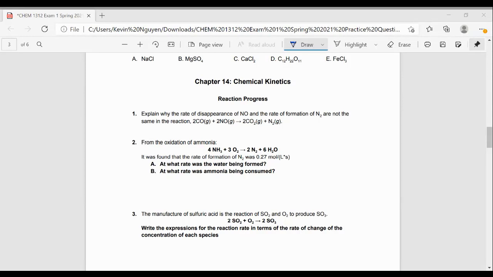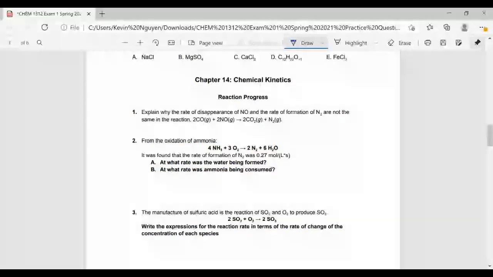So again, looking at number 2, oxidation of ammonia. We have that long equation right there, and we're told that the rate of formation of N2 was 0.27 moles per liter. Let's go ahead and figure out the rate of the reaction.